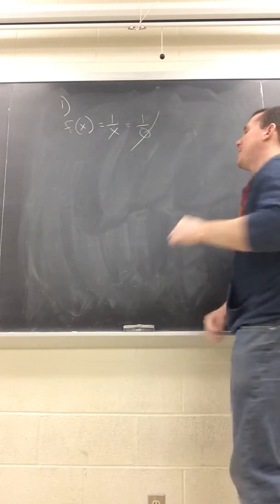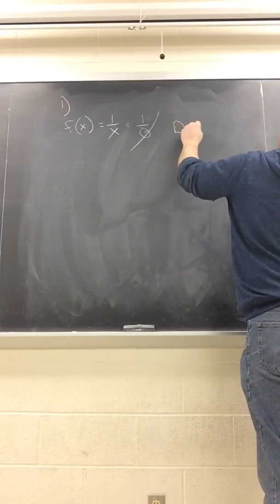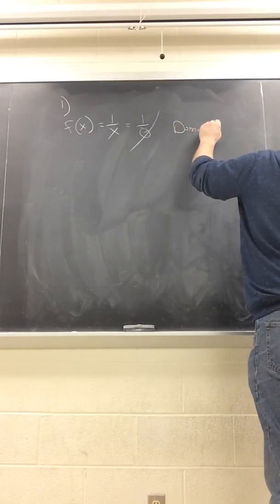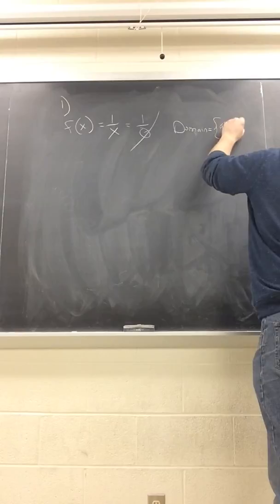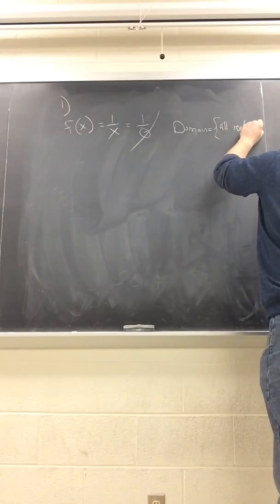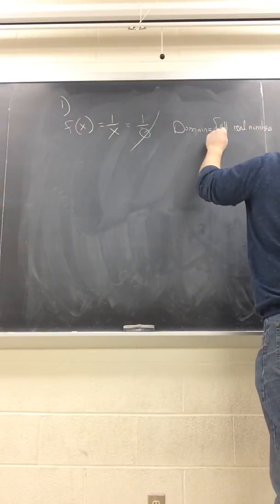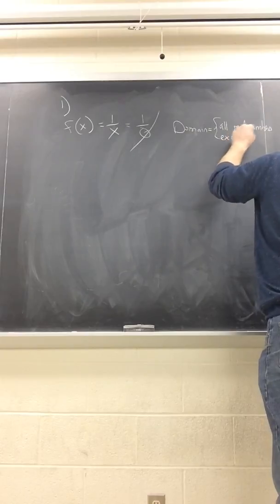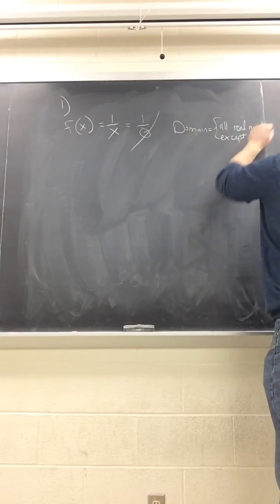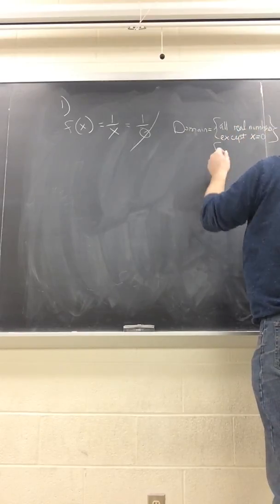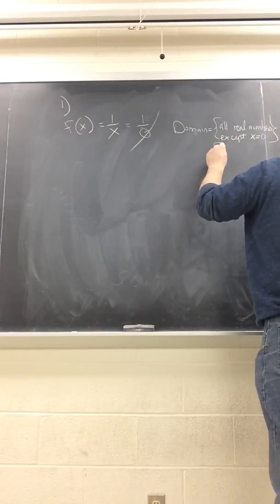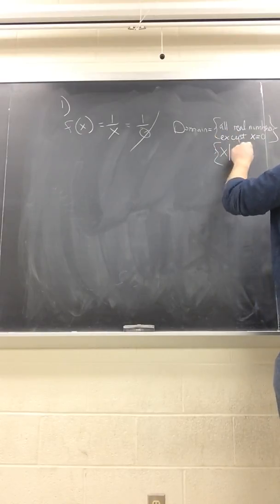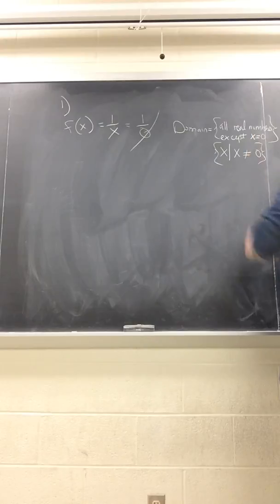So the domain is all real numbers except x equal to 0. Or if you want, there are different ways to write this. You can say the set of all x such that x is unequal to 0. I'm okay with you writing it different ways, as long as you correctly find the domain.